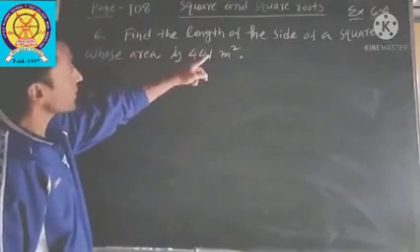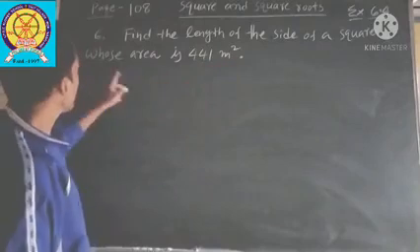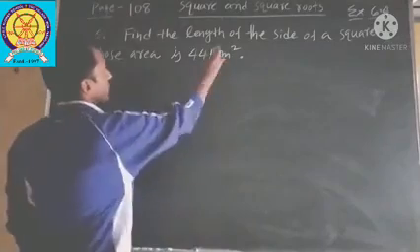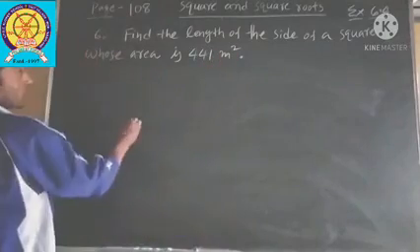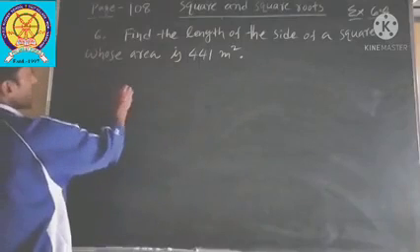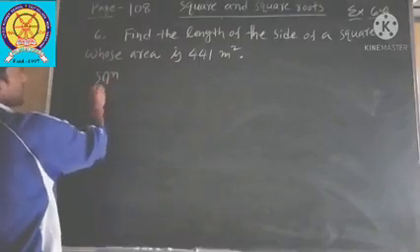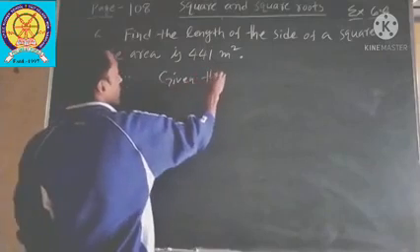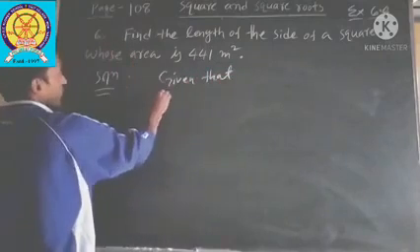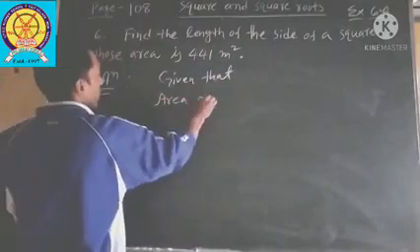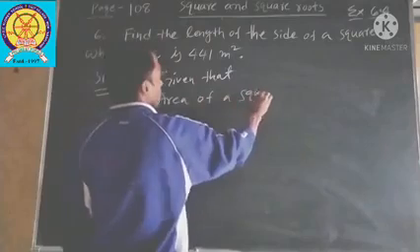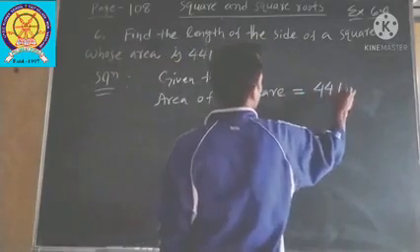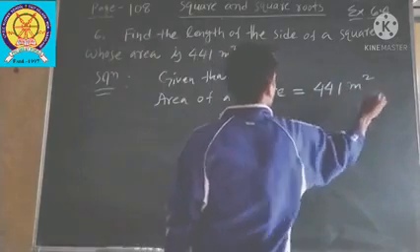Find the length of the side of a square whose area is 441 meters square. So we know what is given: the area of a square is already given, 441 meters square.